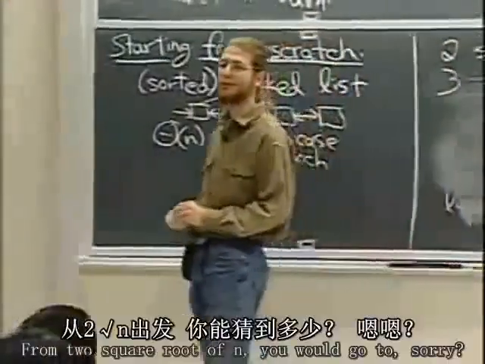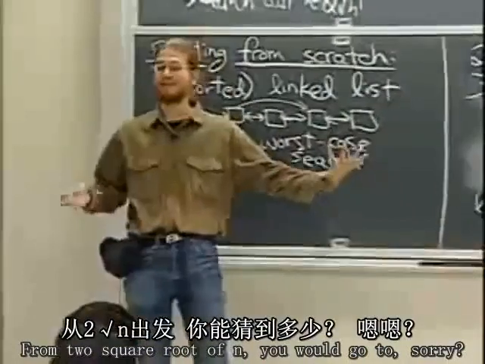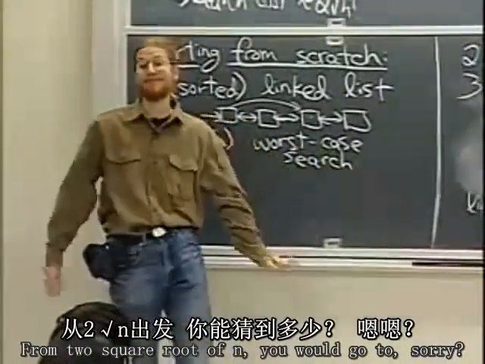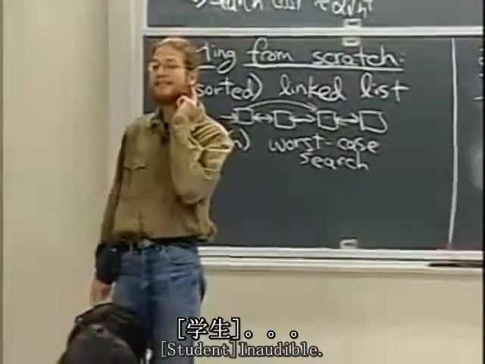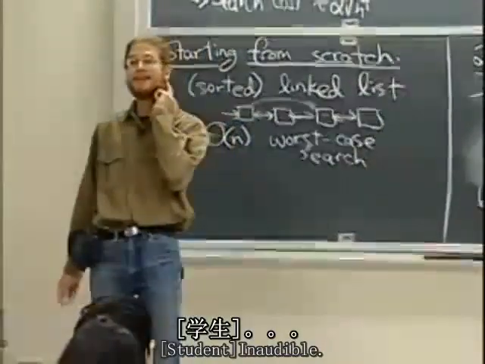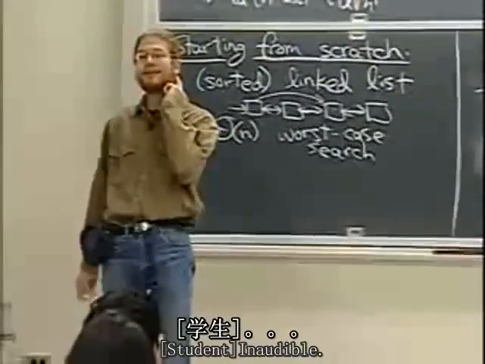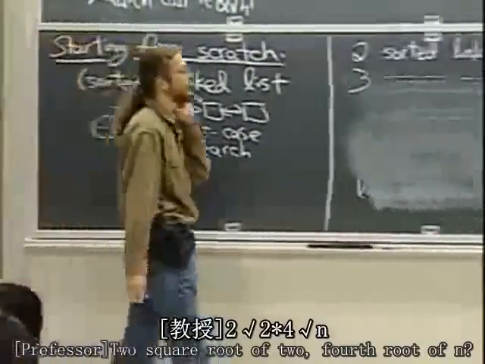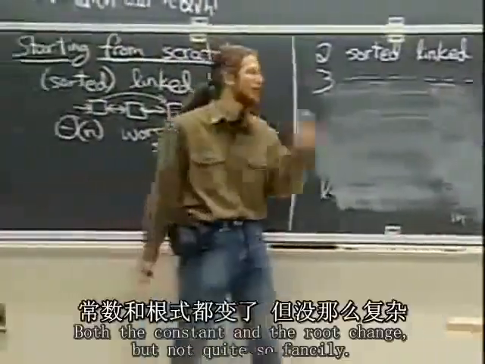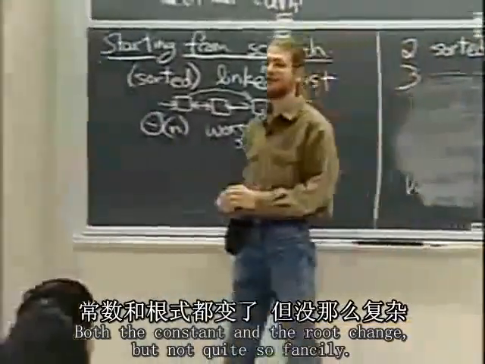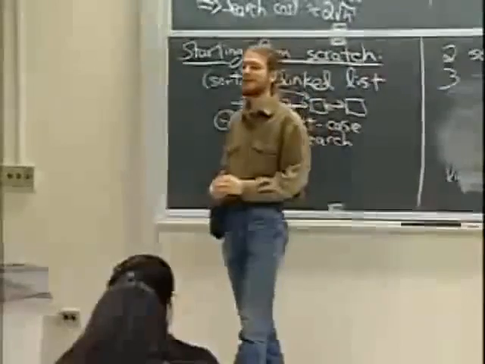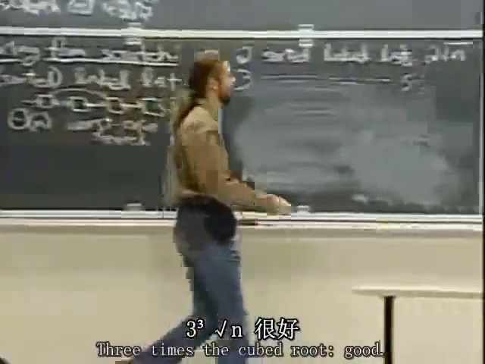From 2 square root of n, you would go to? 2 square root of 2 fourth root of n, that's on the right track. Both the constant and the root change, but not quite so fancily. 3 times the cube root, good.